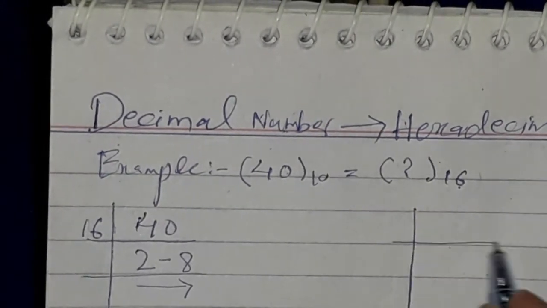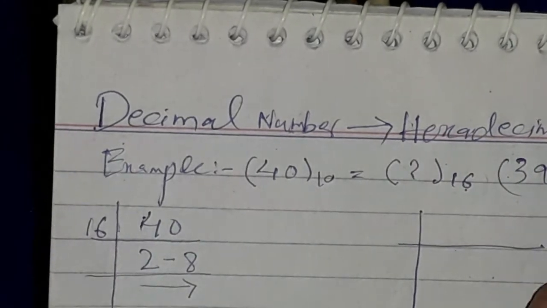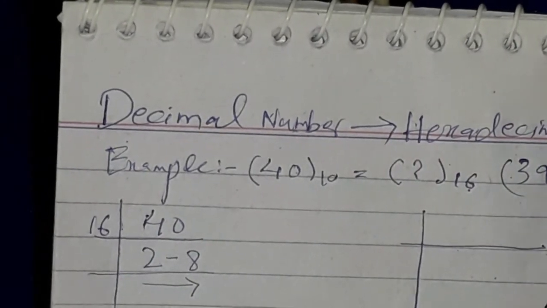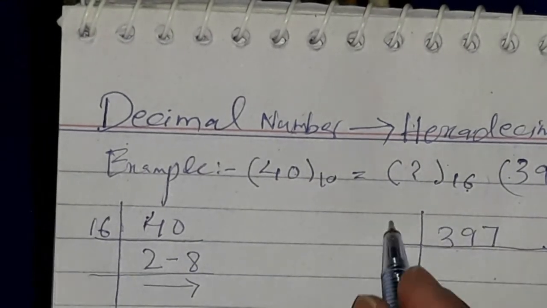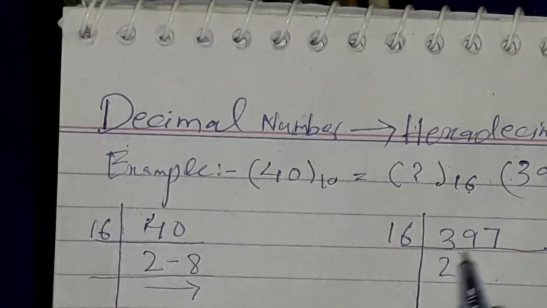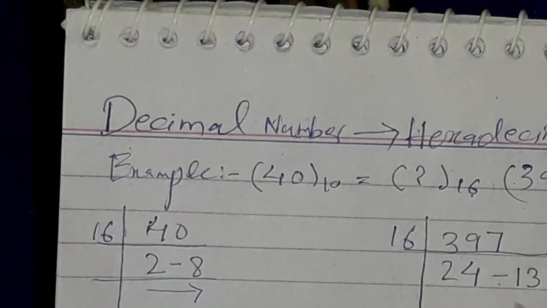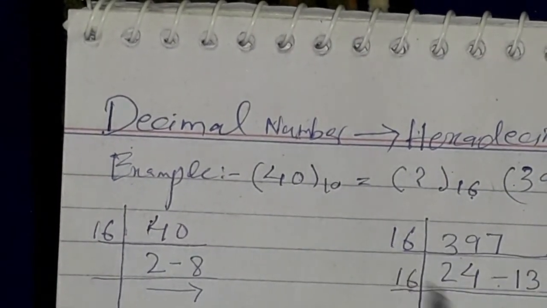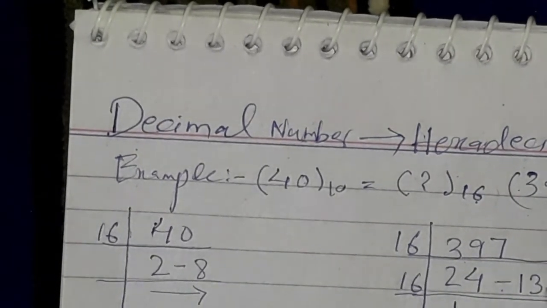The second example is 397, which is a decimal number. We have to convert it into a hexadecimal number, so we will divide it by 16. When we divide, 13 is the remainder. For 13 in hexadecimal, D is used.